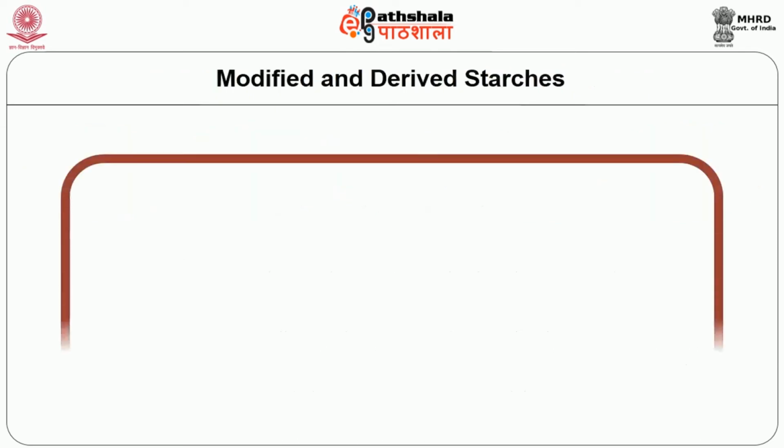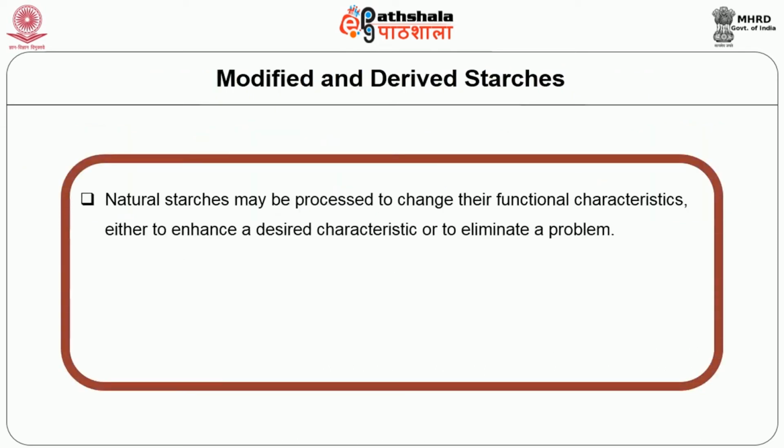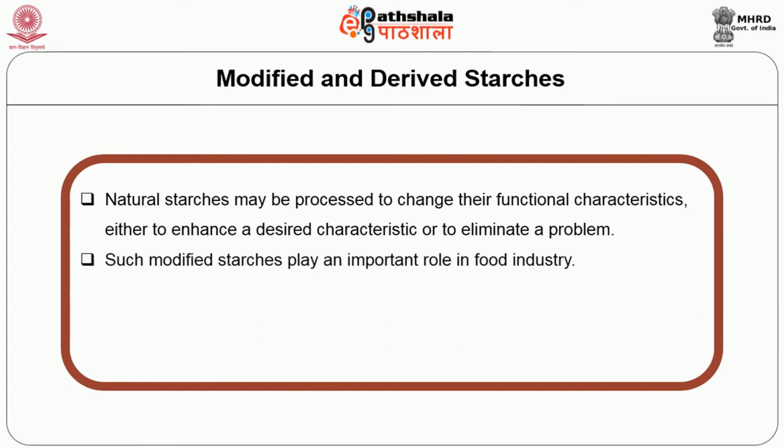Coming to modified and derived starches. Natural starches may be processed to change their functional characteristics, either to enhance a desired characteristic or to eliminate a problem. Such modified starches play an important role in various food industries.